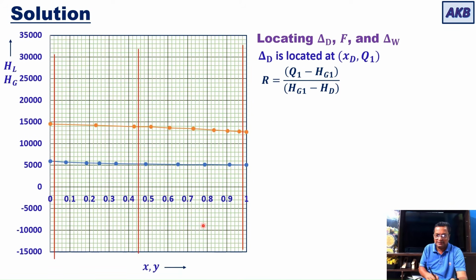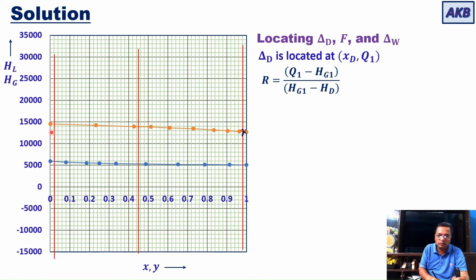For that, let me tell you, Hg1 is the enthalpy at this point. Let me use another color so that you can understand. So Hg1 will be obtained as the enthalpy at the point where the vertical line intersects the upper curve.